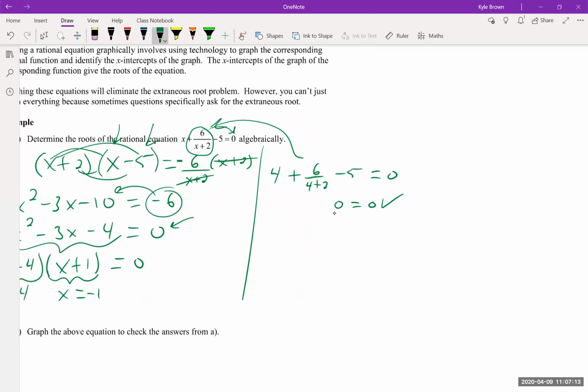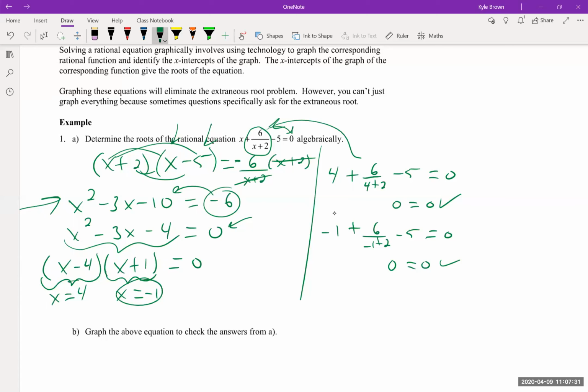I can do the same thing for negative 1. Negative 1 plus 6 over negative 1 plus 2 minus 5 should be equal to 0, and it does. You get 0 equaling 0 in that case too, so that's also a solution. In this case, they were both solutions.